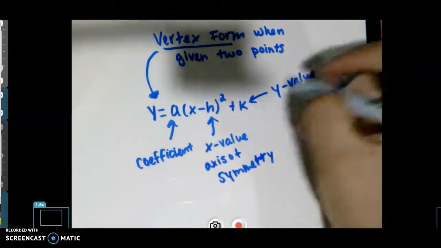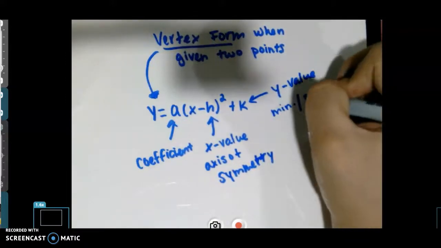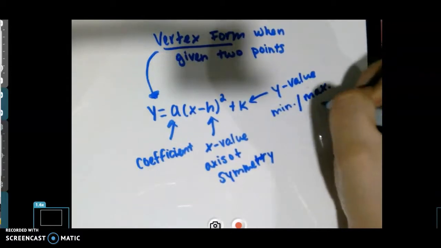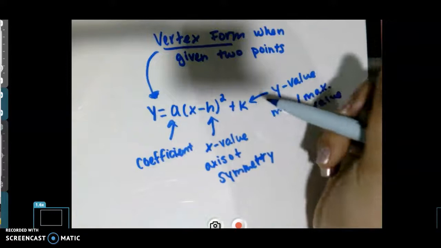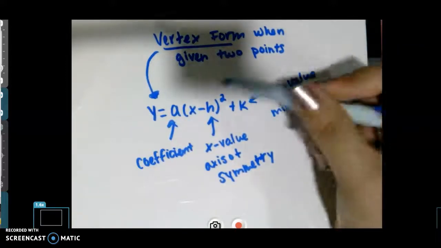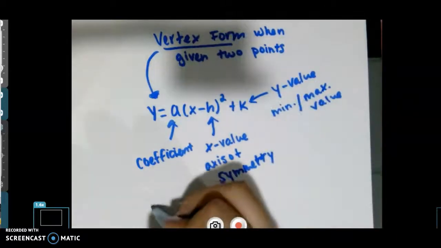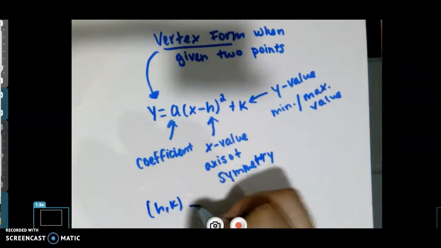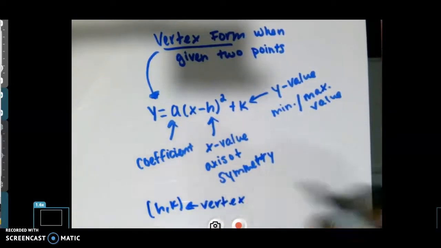It also tells me my minimum or maximum value. Okay. Tells me that minimum point or that maximum point. So really today we're going to be working with this formula, but I just want to go over these things so you know what h is and what k is. So you should know by now that (h, k) is my vertex. Okay, we should all know that by now.